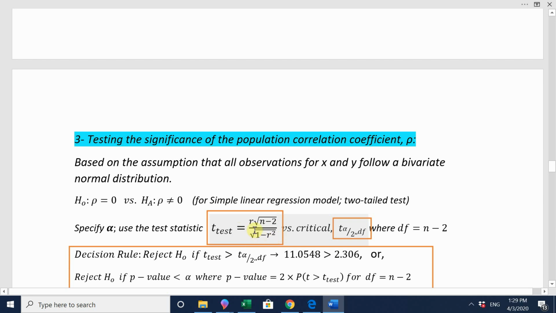And we compare that to a critical t value. The critical t value here will be based on alpha over 2 because it is a two-tailed test, and it depends on degrees of freedom n minus 2.